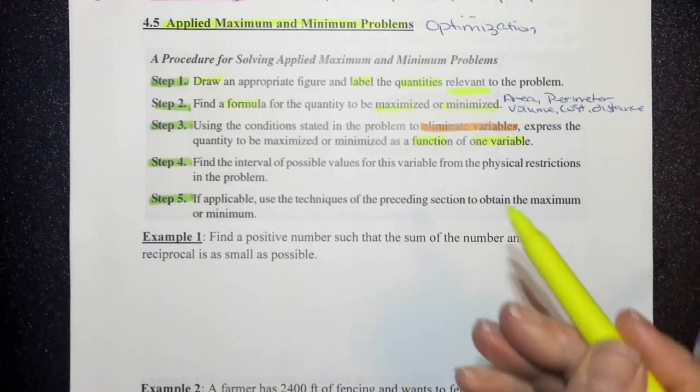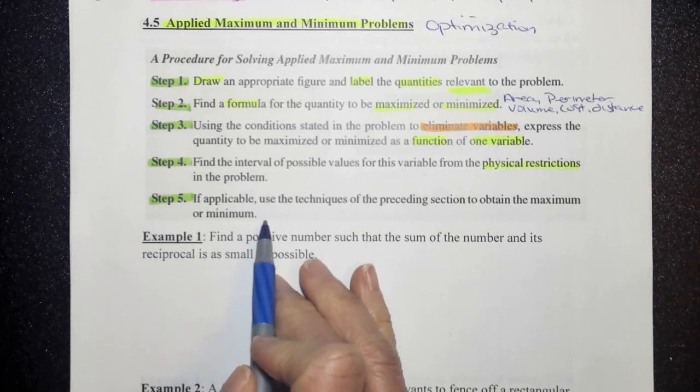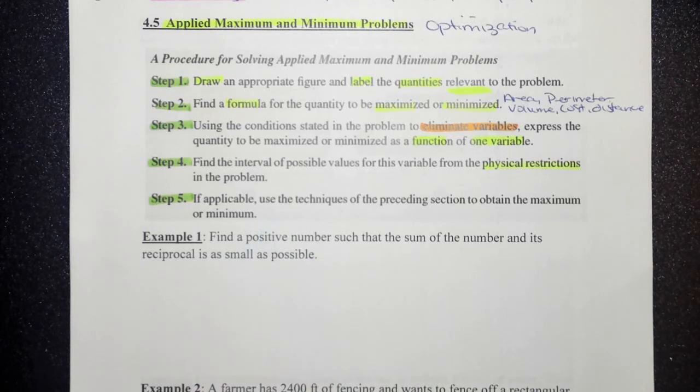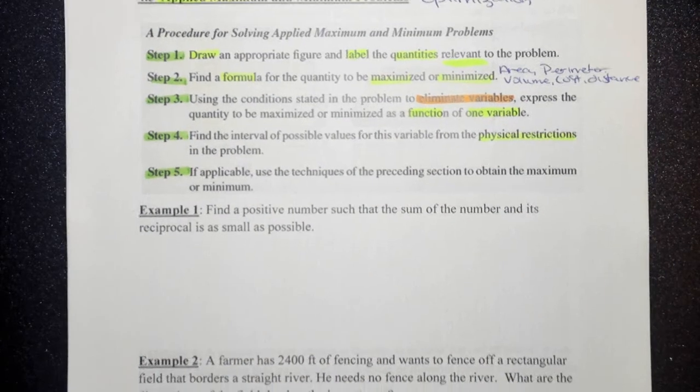You might be given restrictions, maybe the maximum length or height or width, so make sure you underline that. And then, if applicable, use the techniques of the preceding section to obtain maxes and mins. There is the possibility of the first or second derivative test, but since we did not focus on the second derivative test, we won't talk about it.